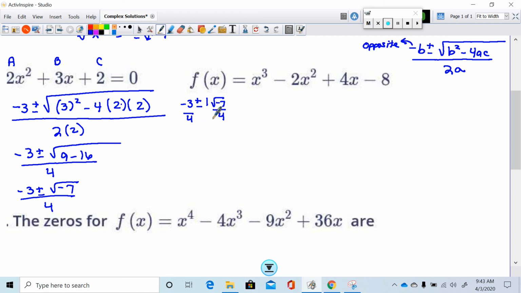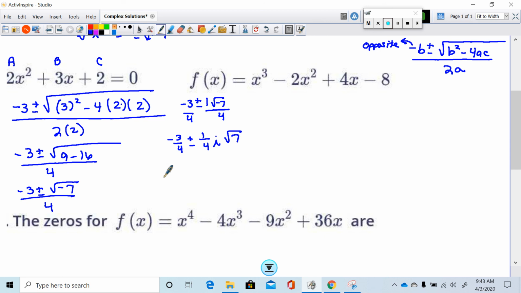Now there's a 1 under here, and that's important because that gives me negative 3/4 plus or minus 1/4. And then because of the negative, you have an imaginary component, and then square root of 7 cannot be simplified. So that's how you write that.